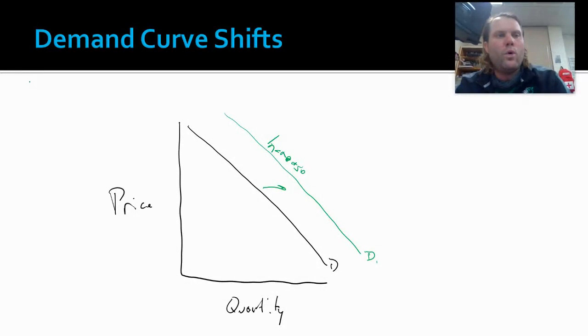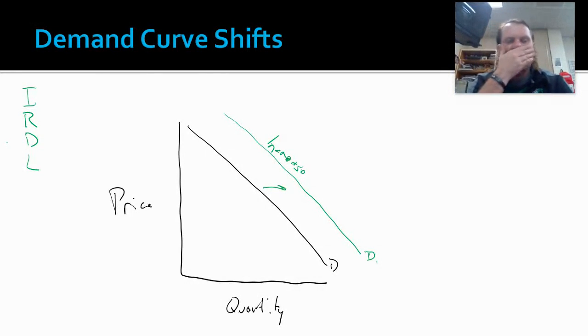One simple way that I remember is, as we increase stuff, I use this simple acronym, and this is going to hold true for the entirety of drawing these graphs, even in different units with a few different concepts. It stands for increase right, decrease left.